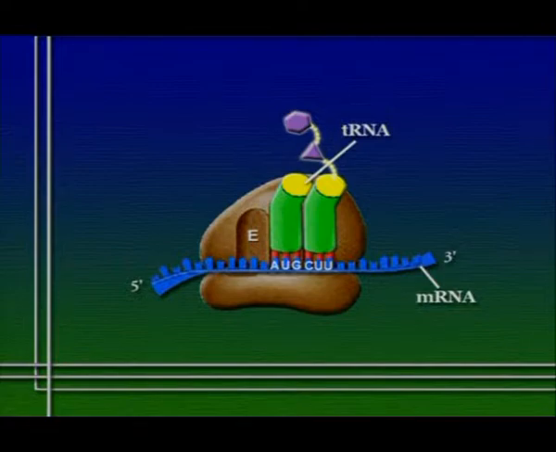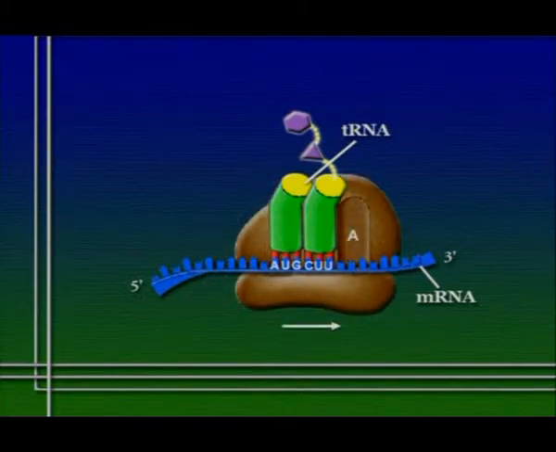Okay, so now we have a tRNA, the second one that came in, which has attached to it two amino acids. We've started the chain. At this point, for elongation to occur, the whole ribosome and mRNA slide past each other by one codon unit. So now the tRNA that has two amino acids attached to it finds itself shifted over, or we say translocated, into the P site position.